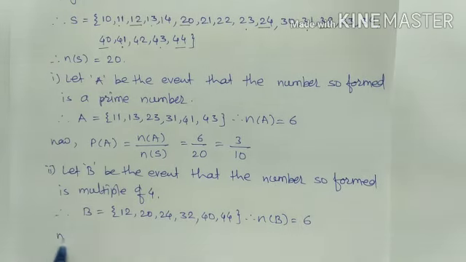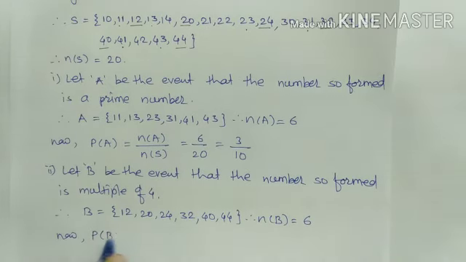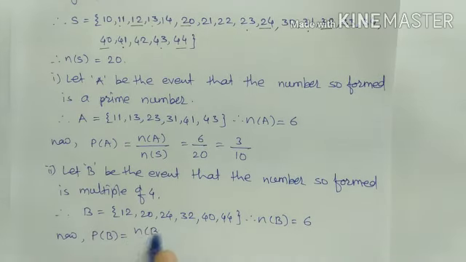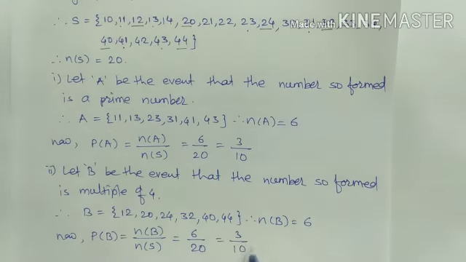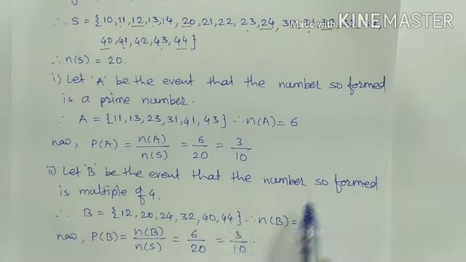Now we have to find the probability of this event, that is, probability of B equals number of B upon number of S, that is 6 upon 20, which equals 3 upon 10. That is, the probability that the number so formed is a multiple of 4 is 3 by 10.